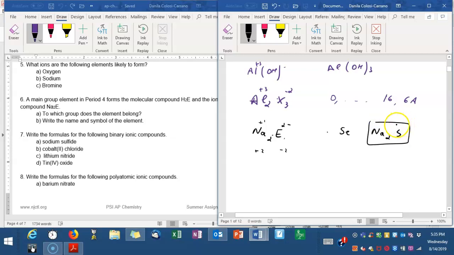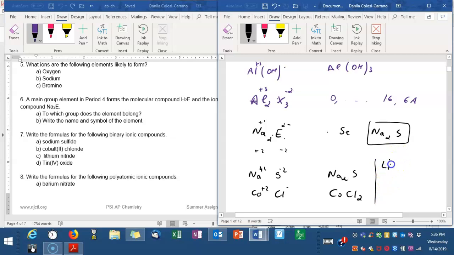Then 7, write the formulas for the following binary ionic compounds. So sodium has a +1, sulfide has a 2-, so the formula is this. And then cobalt is a +2, chlorine has a -1, so cobalt, chlorine, and 2 of that one.